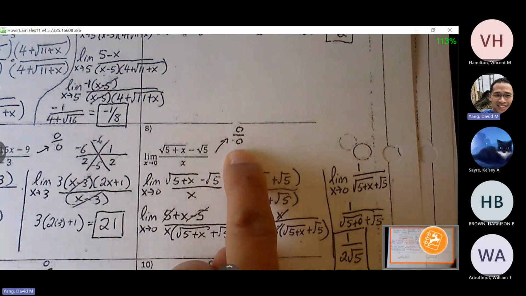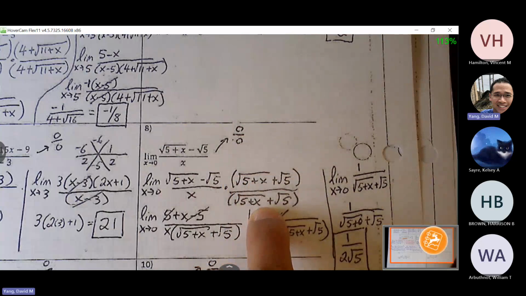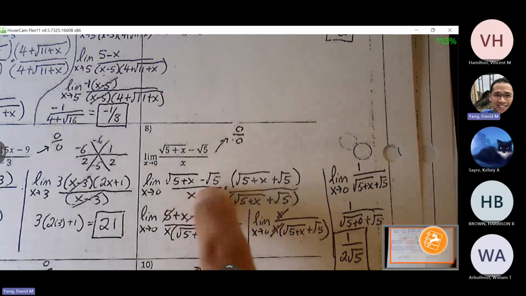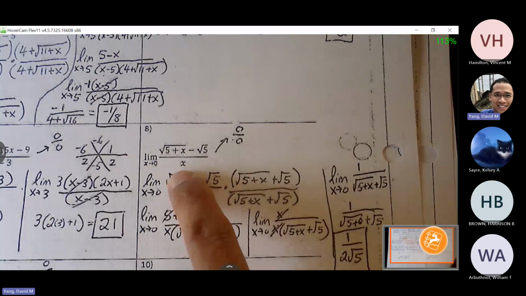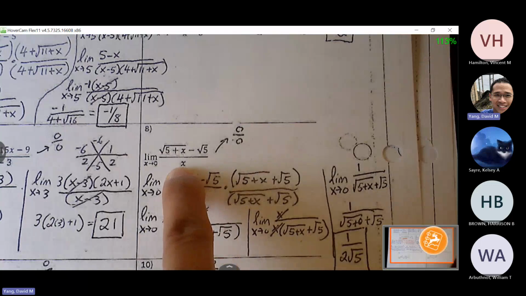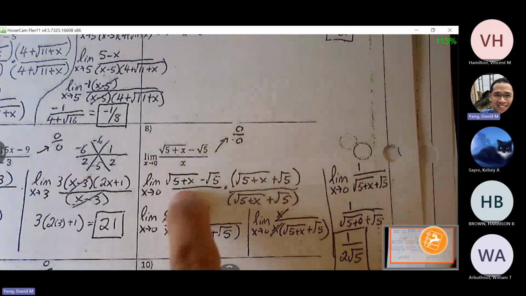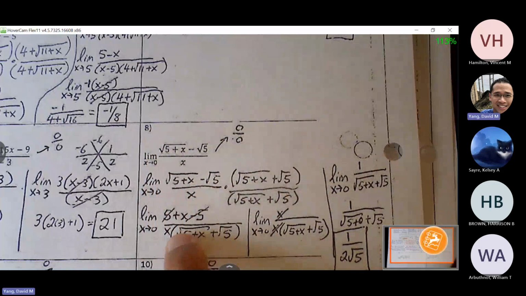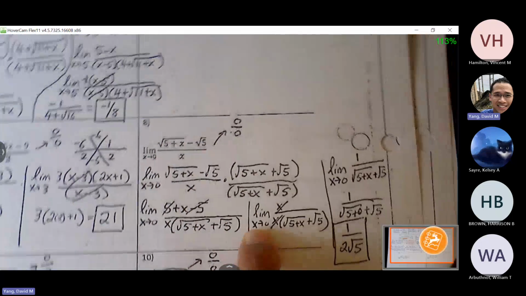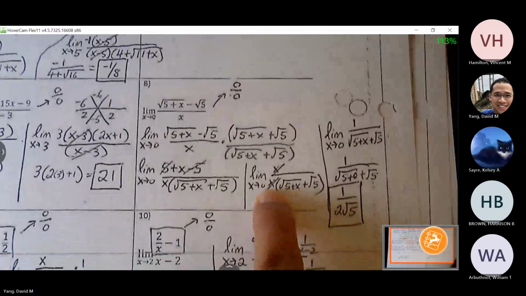Okay, so we get that 0 over 0 to show up. Identify the conjugate, expand out, and you know what you're trying to look for above, right? There's an x below, so there must be an x hiding above. So we're trying to get that x to show up. Eventually, when it does, you know that you're on the right track.